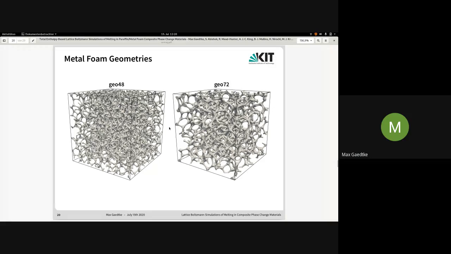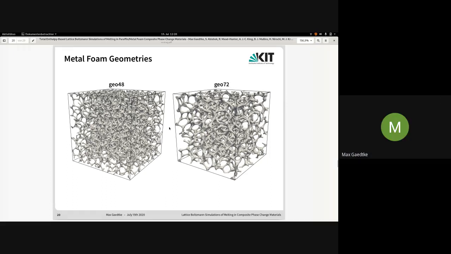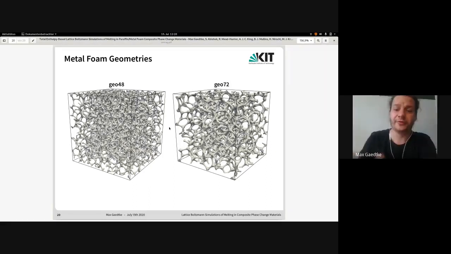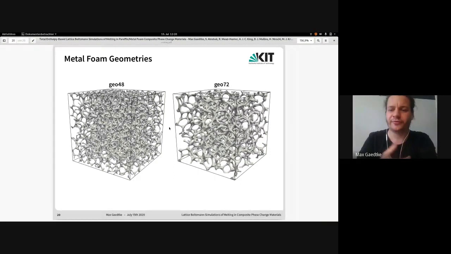And as the metal structure has a much higher conductivity than the paraffin, the temperature will increase in the foam first and in higher depth than that of the melting paraffin, which in consequence means that the effective surface area that we have for the melting process is much increased.